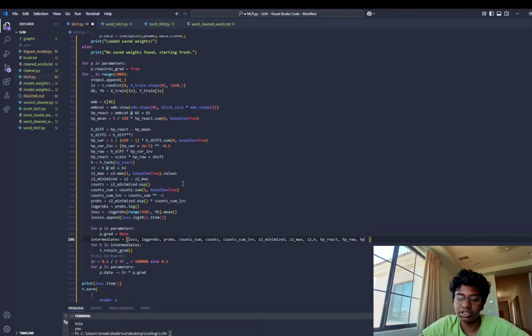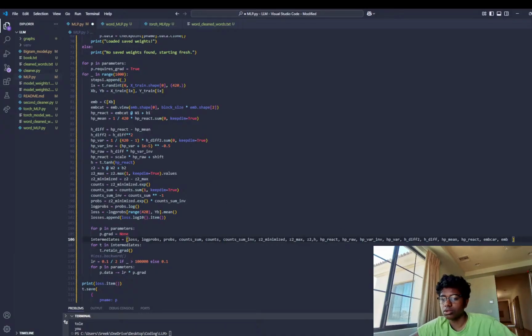So HP there, inverse. Okay, I think that's good.